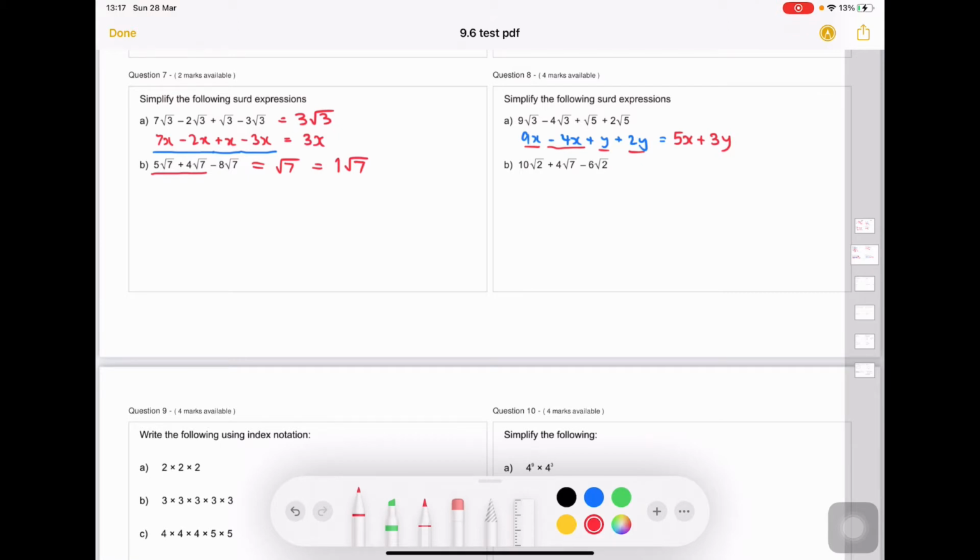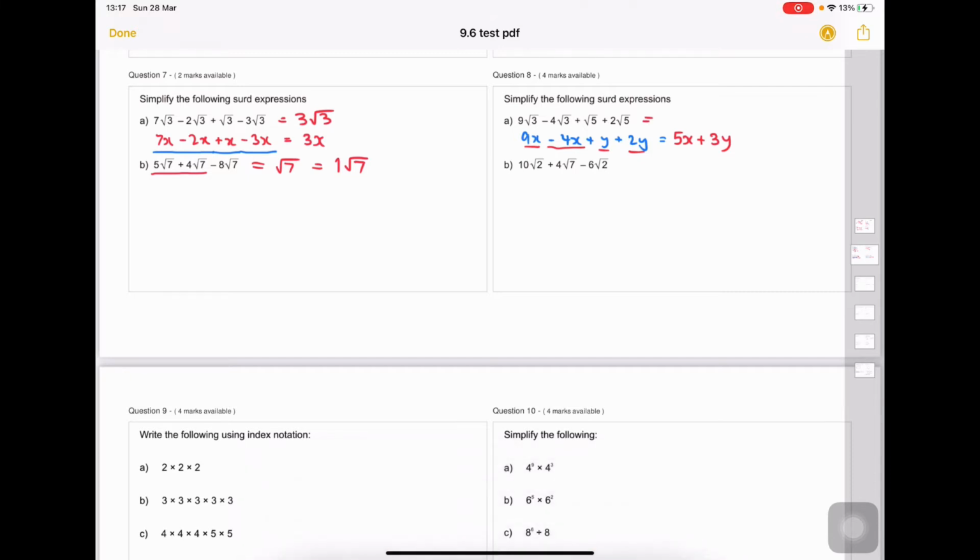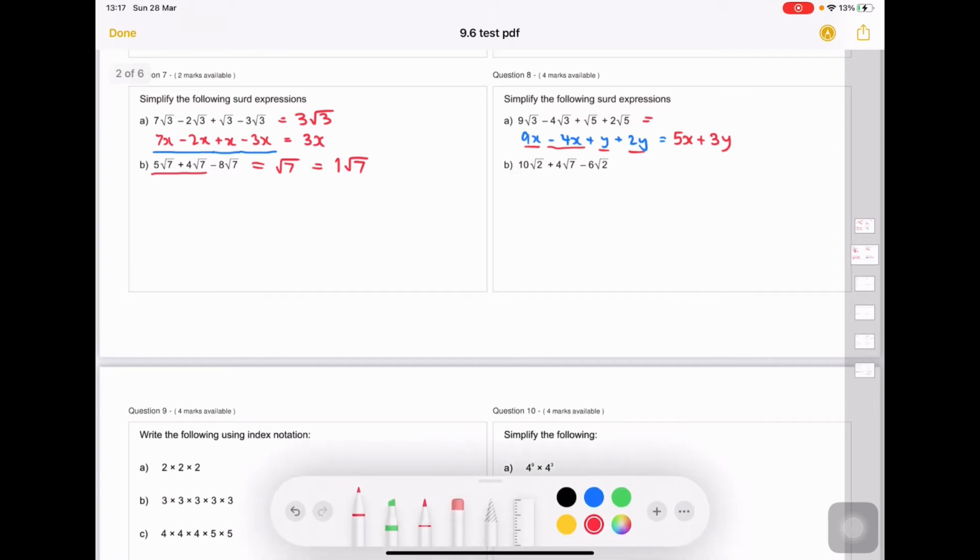So I'm going to use the same procedure for the above question. 9 root 3 take away 4 root 3 is 5 root 3. Root 5 plus 2 root 5 is 3 root 5.